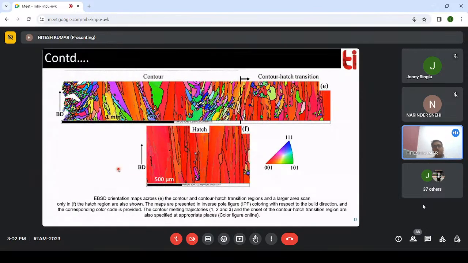So we thought let's see the EBSD of those things, because EBSD will focus more on the texture of your material. Texture I already explained. It's basically the orientation of your grains, how your grains look, and how it is going to affect the mechanical behavior of your material.